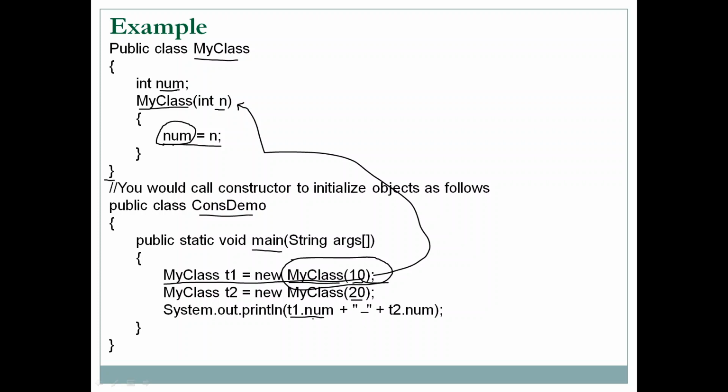So here t1.num will print value 10, whereas t2.num will print value 20, because t1.num and t2.num are two different variables, not the same variable. Okay, let me execute this, and let me show you the output of this particular program.